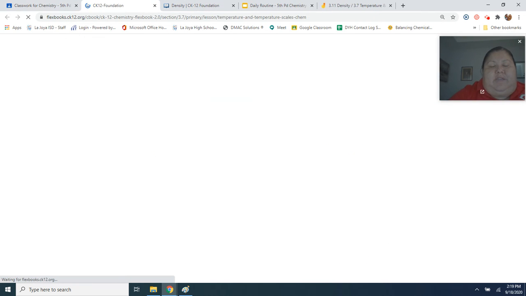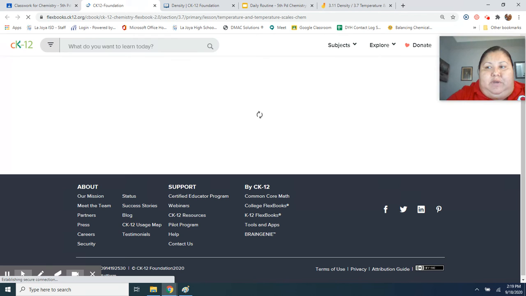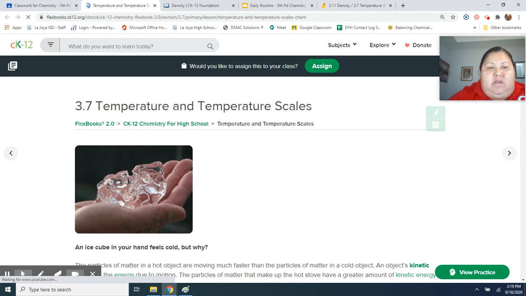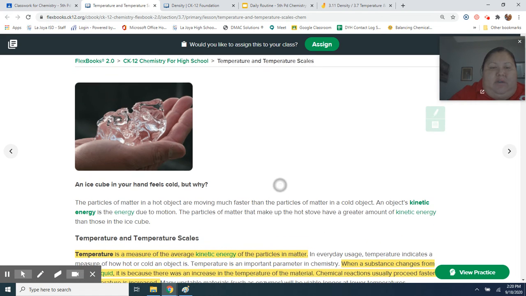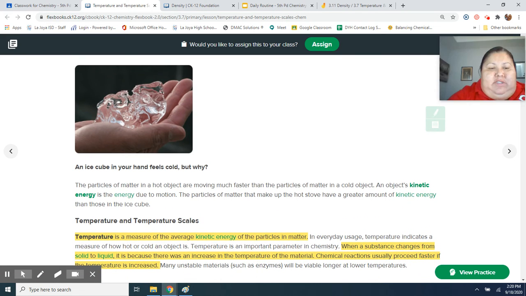So now we're going to move on to temperature. Okay, and temperature is going to be really, really quick as well. All right, so 3.7 temperature and the temperature scale. Here they start by talking about an ice cube in your hand and why it feels so cold. Now, when you have something in your hand, you have to remember that we as humans have a certain temperature that is used to regulate our body.